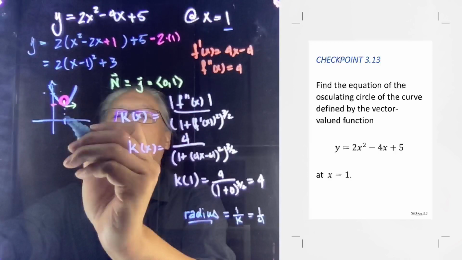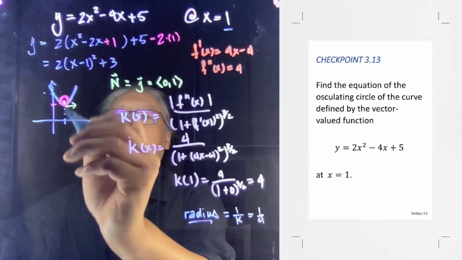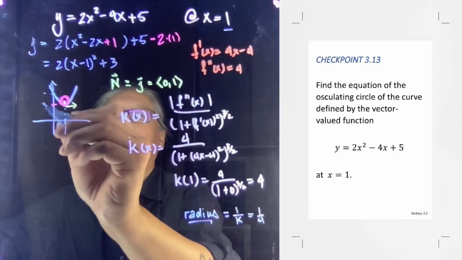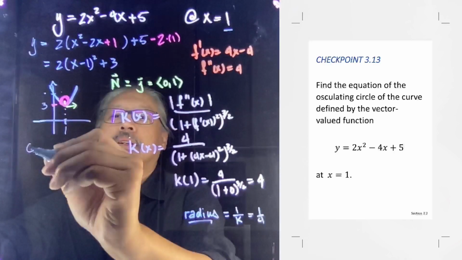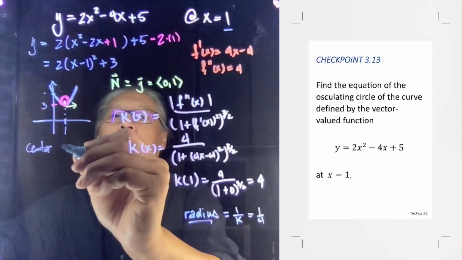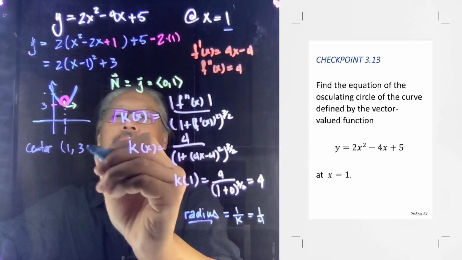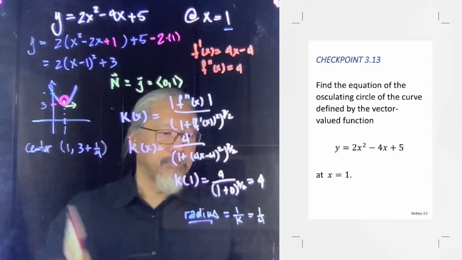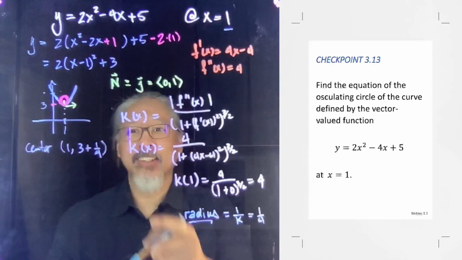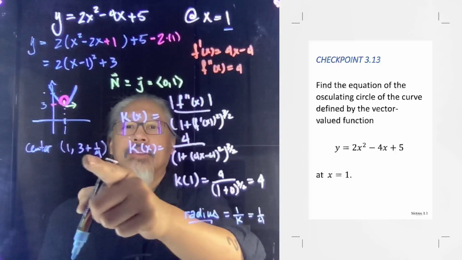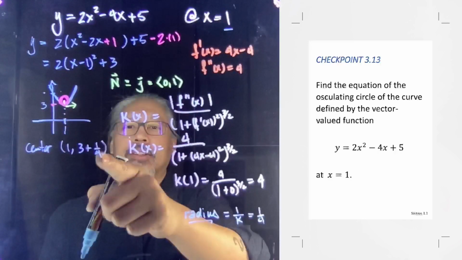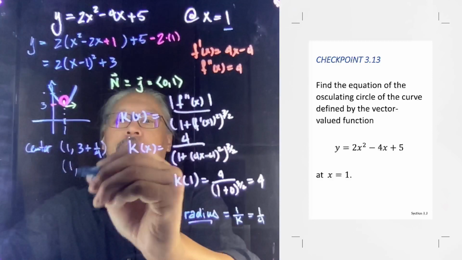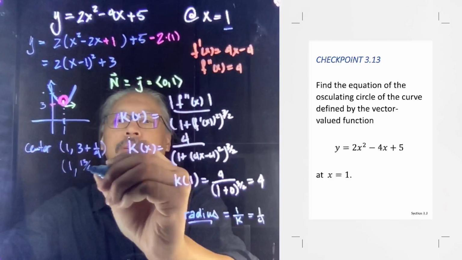Your center is going to be just the radius away from 3. So your center will be 1, 3 plus the radius. What is that? 12 plus 1 is 13/4. So your center is going to be 1, 13 divided by 4.